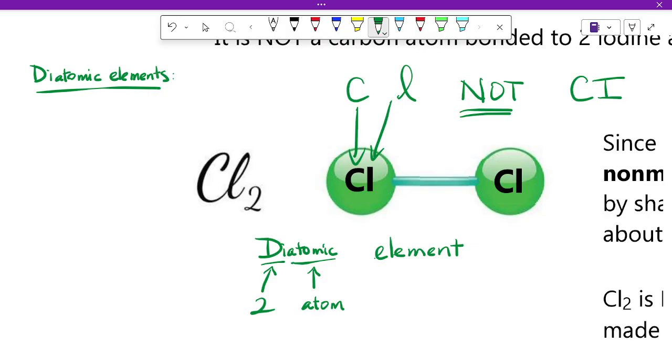Oxygen is one of them. Anyone got another one for me? Nitrogen. Anyone got another one? Well, chlorine, obviously, because it's there. Hydrogen.